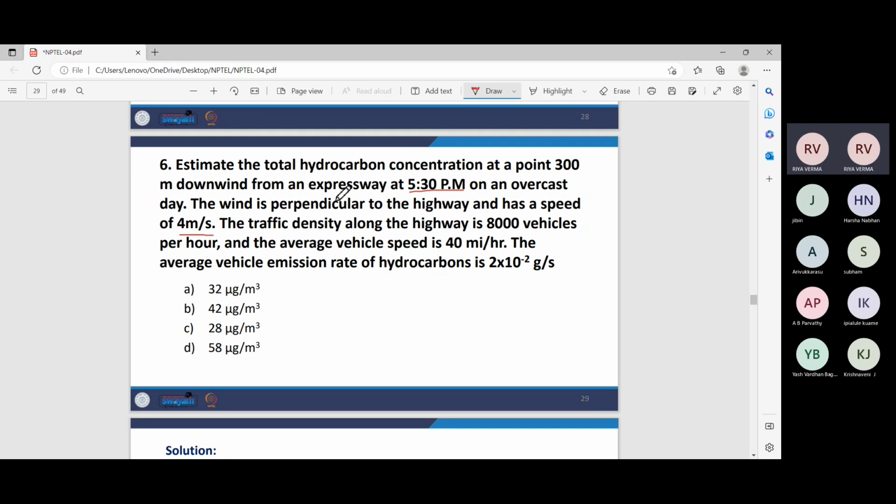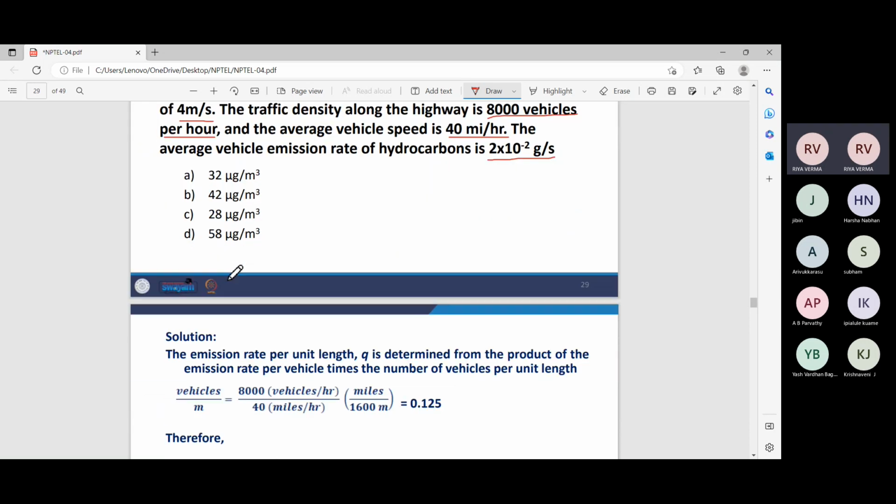The traffic density along the highway is 8,000 vehicles per hour, and the average vehicle speed is 40 miles per hour. The average vehicle emission rate of hydrocarbons is 2 × 10 to the power minus 2 grams per second.